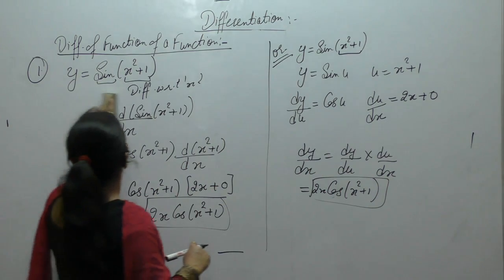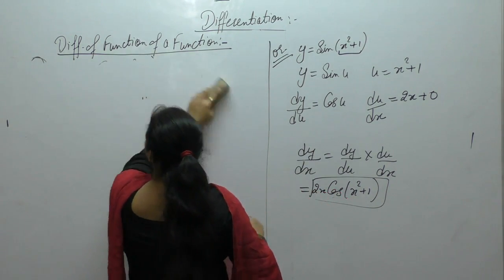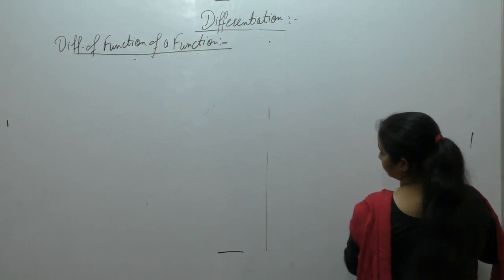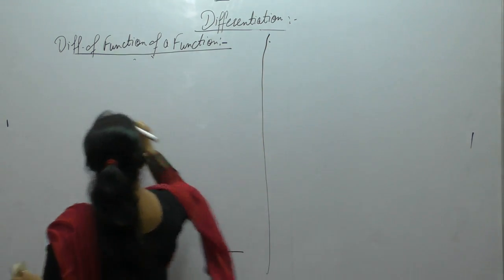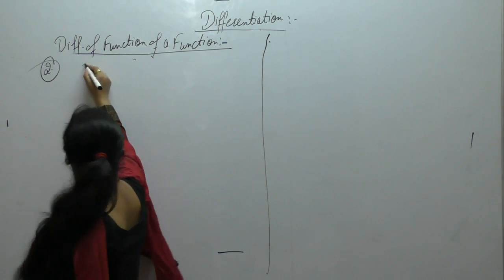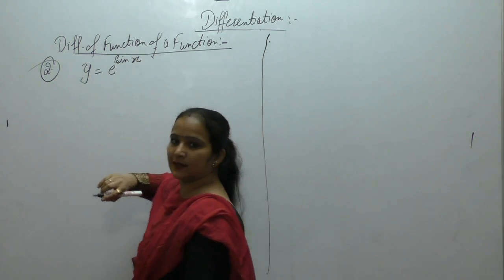Now the next one is question number 2. Differentiate with respect to x, y is equal to e power sin x.